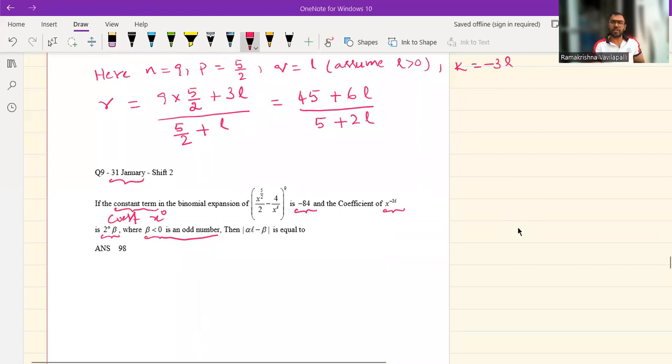Here you see, I have made a mistake. So we want to find out the constant term in this binomial expansion, which is minus 84. So remove this part.